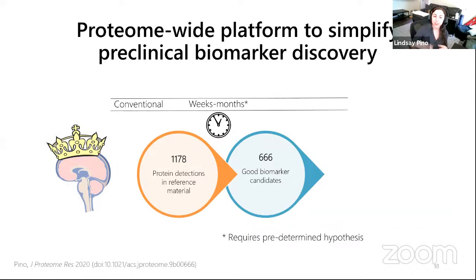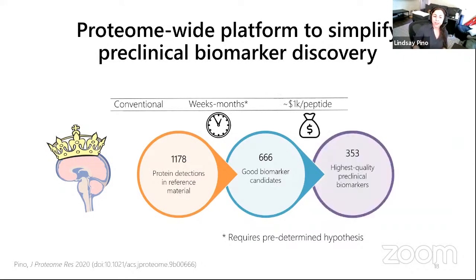Typically, this step would take weeks to months, because for every one of those proteins you're interested in, you would order stable isotope labeled standards for each one of the peptides you want to assess, and then build the calibration curve, measure the data, and analyze LODs and LOQs.